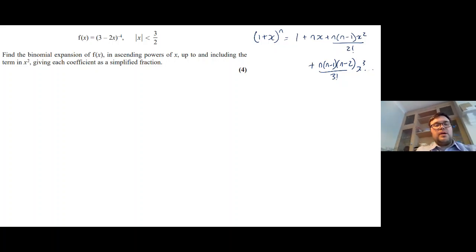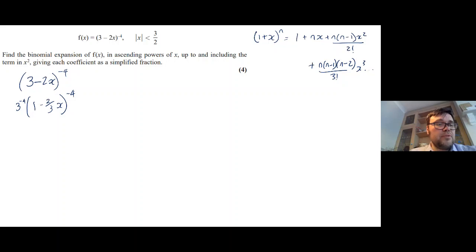So the first thing we're going to have to do is force the factorizing of this, so that instead of that 3 being there, we have a 1. I'm going to take out a factor of 3 from both. So that's going to be 3 to the power of minus 4, then 1 minus 2 over 3 x, all to the power of minus 4.